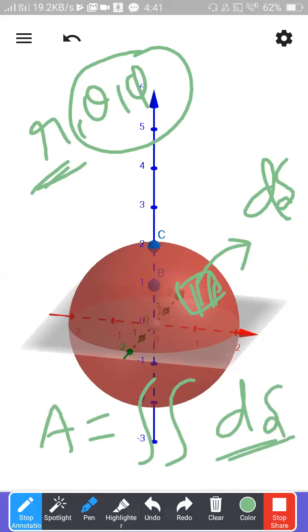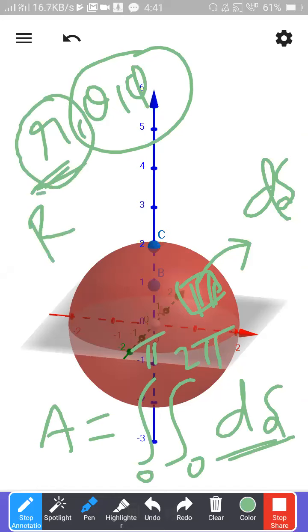Again, we should know what dS is in this case. Anyway, we'll try to explain that later. But what will be the final answer? These are all limits. Theta limit is 0 to pi. Phi limit is from 0 to 2 pi. What will be the final answer? If I have the radius capital R, what will be the final answer?